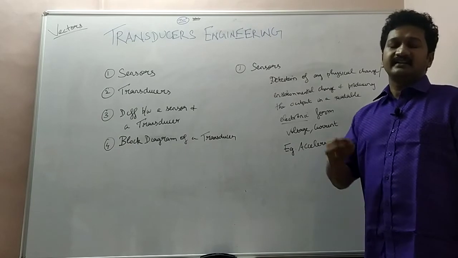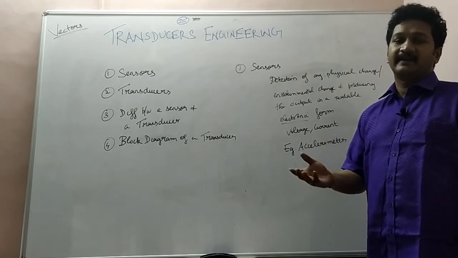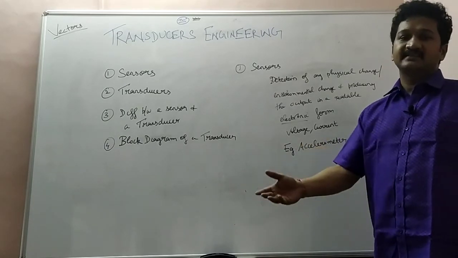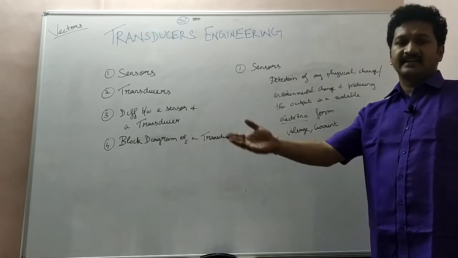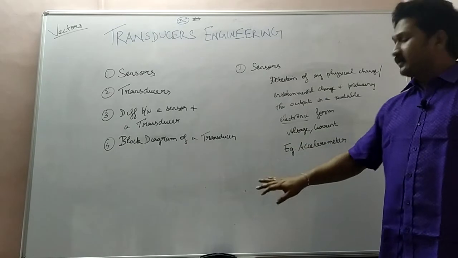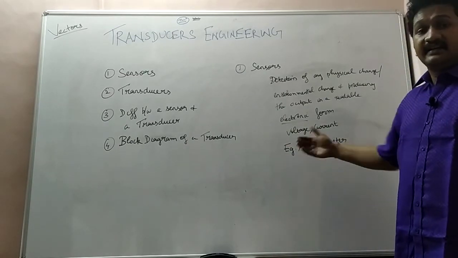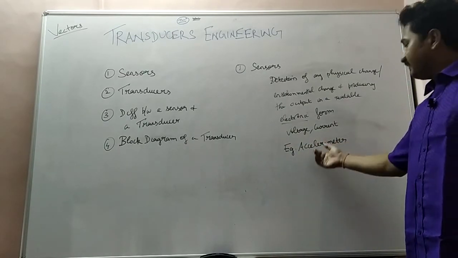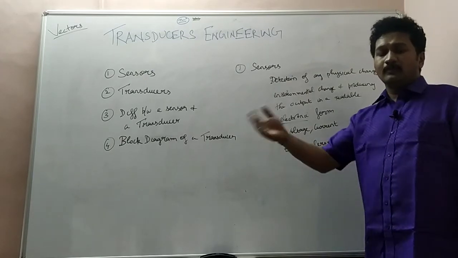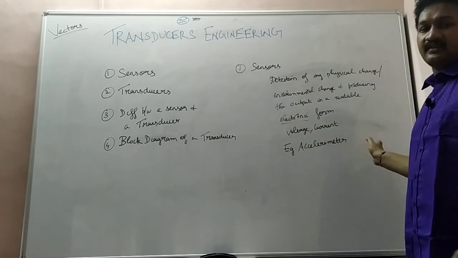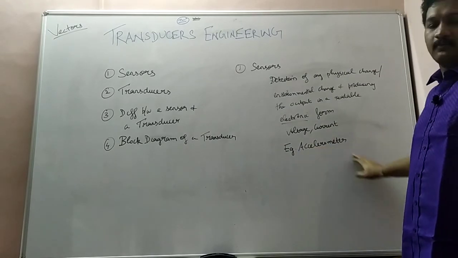If you want to detect the dynamic vibration or dynamic movement taking place, or any directional change of that object or machine, you can determine it by using the device called an accelerometer. It is a sensor which converts that movement or vibration into electronic form. Okay, that is called an accelerometer.